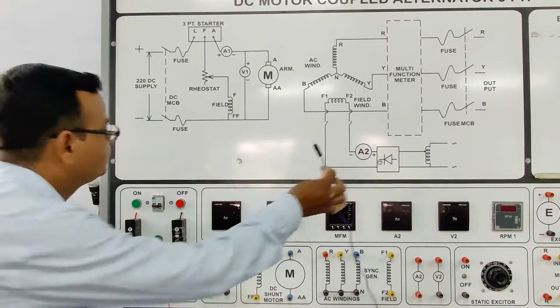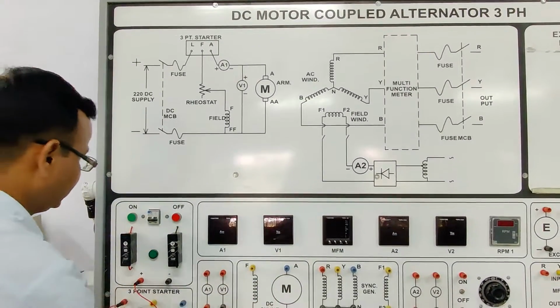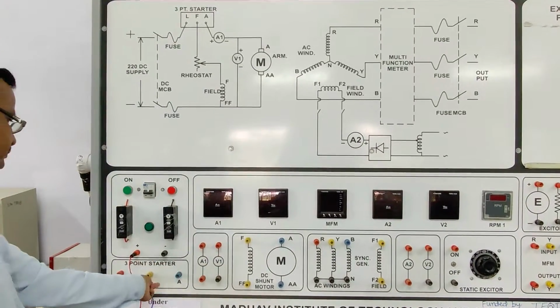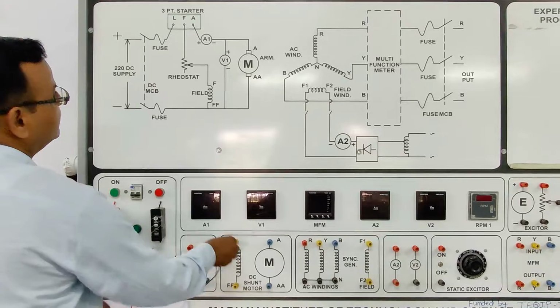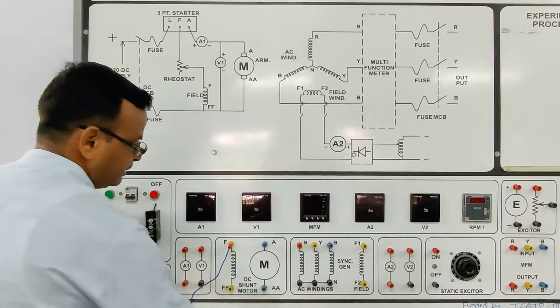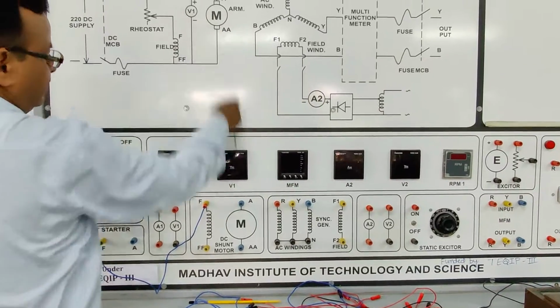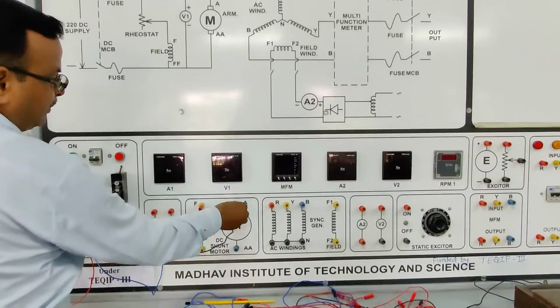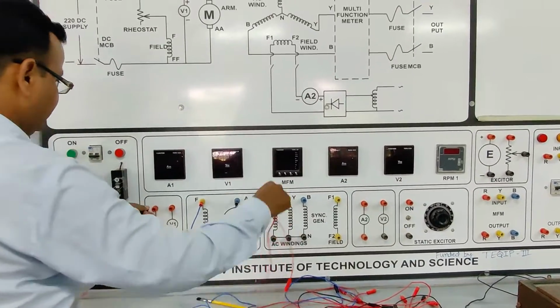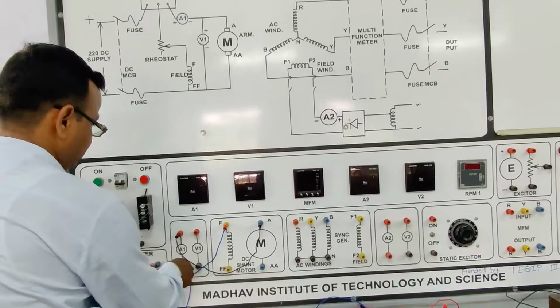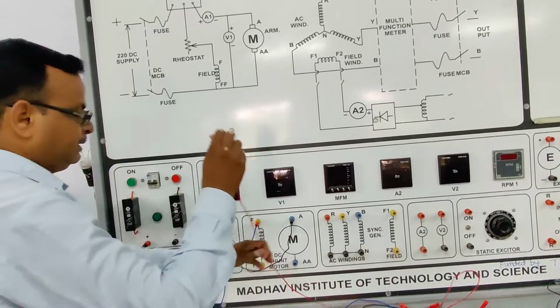Next, the field terminal is connected to the field terminal, and double A stands for the armature terminals, connected in series with an ammeter.